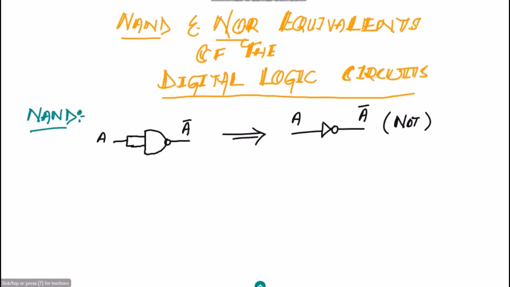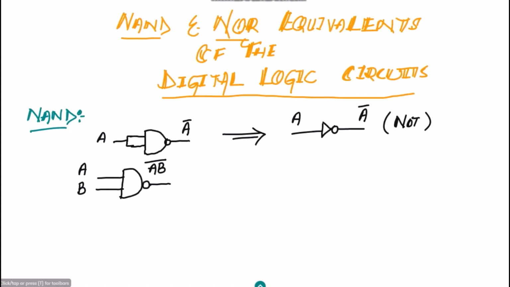Okay, similarly if we have a NAND gate and I apply two inputs to it, what I will get out of it is AB whole complement.